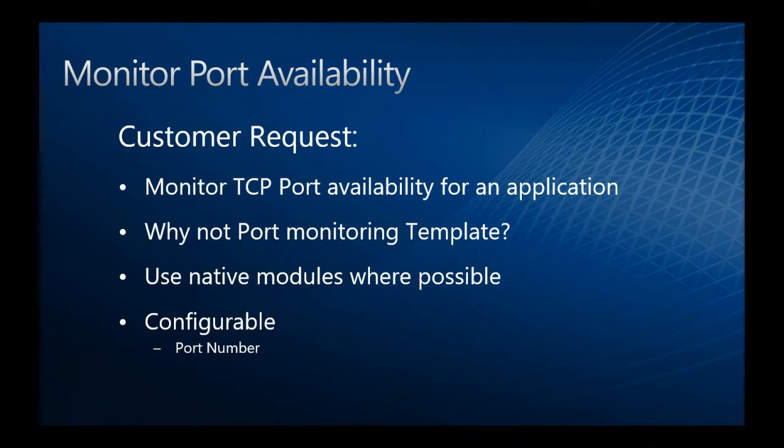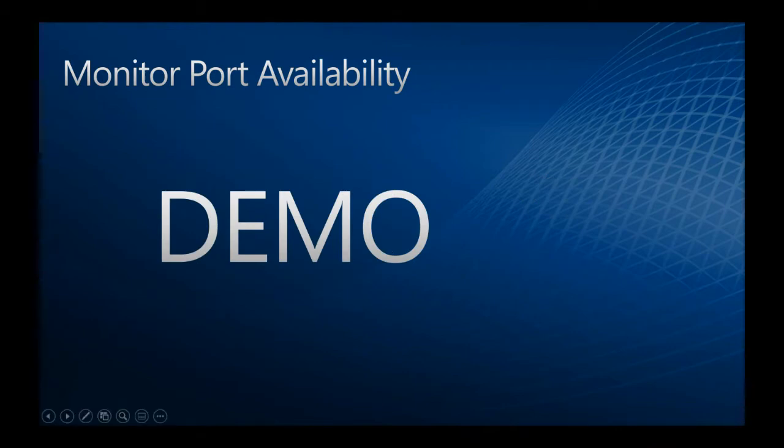That being said, SCOM runs scripts incredibly efficiently, and they run really, really quickly. So that's not a huge concern of mine, especially for PowerShell, because we have a PowerShell native module built into the SCOM agent. But if there's a native module and I can use it, I always try to. So really all that we need to configure is the port number that we want to monitor. So let's take a look at that.